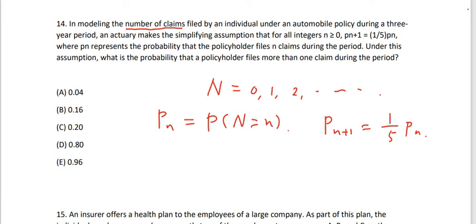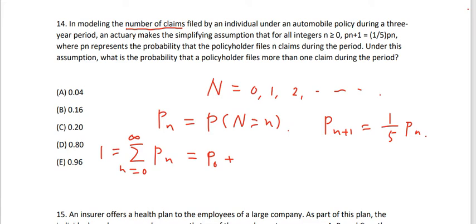So we know all probabilities, n equals 0 to infinity, sum to 1. So we use P0 and write all other probabilities in terms of P0.